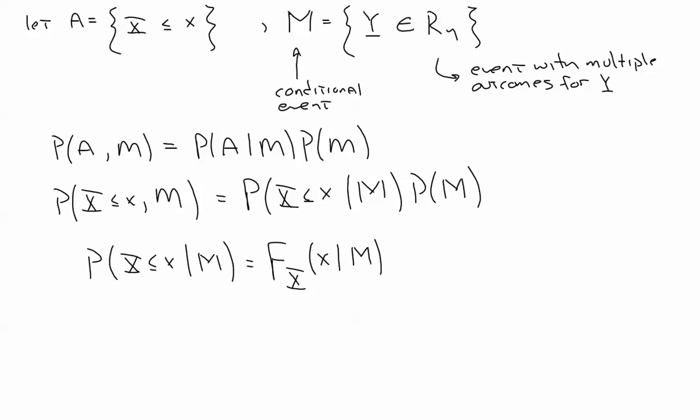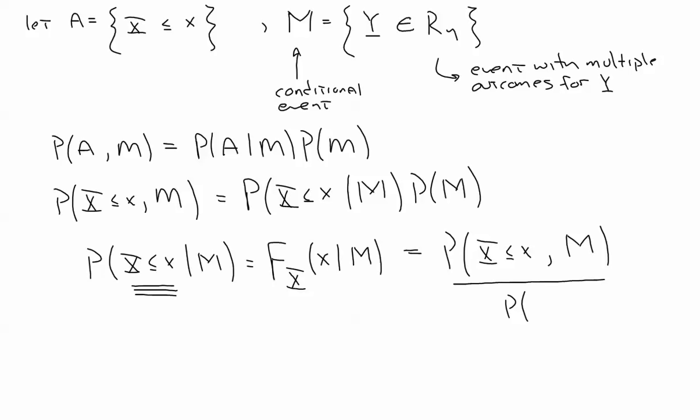Anytime I look at a random variable less than or equal to some unspecified point, I'm talking about a cumulative distribution function. And that can be written as the probability of x less than or equal to little x and event M occurring, divided by the probability of event M occurring. This is an important relationship.